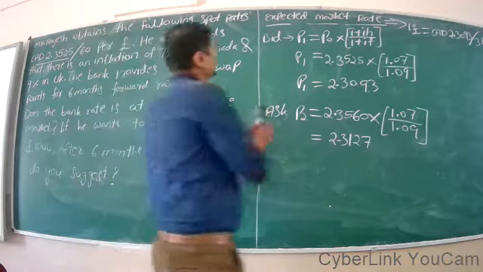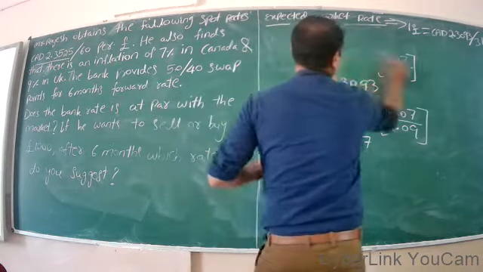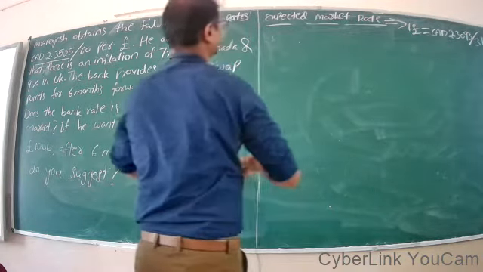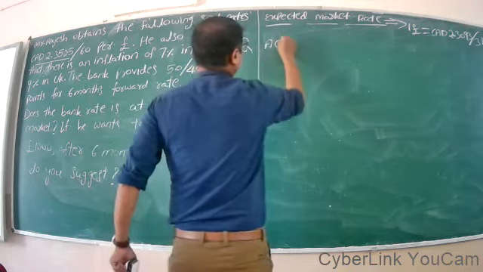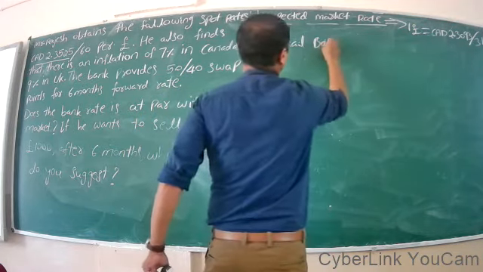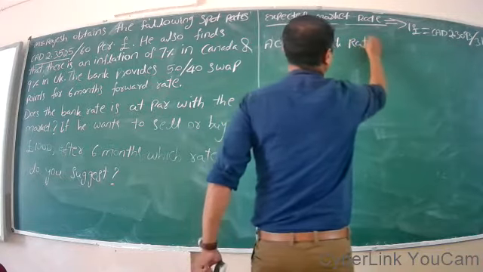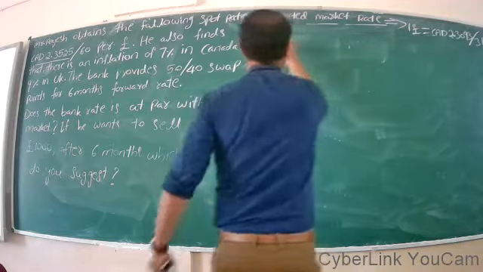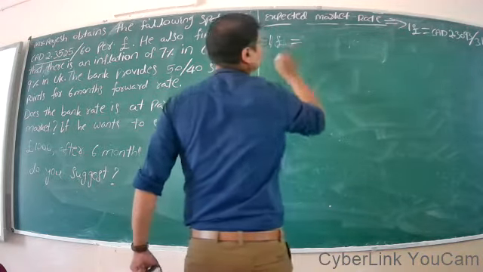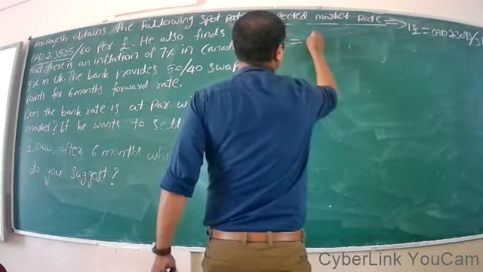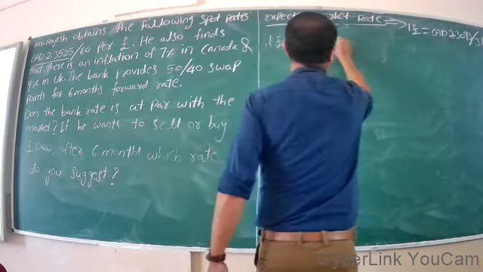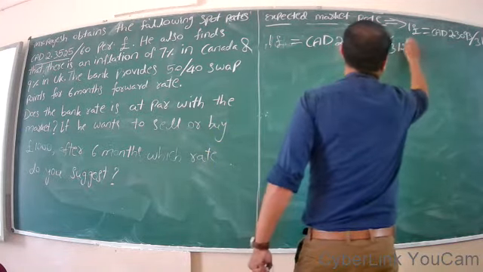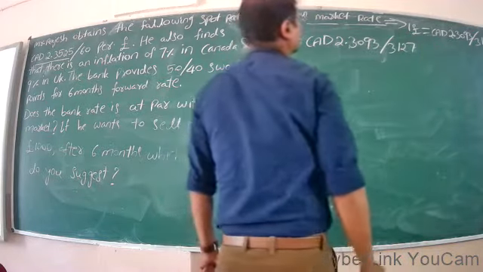Now what about the actual bank rate? If you can't see there, I am rewriting: the expected market rate is 1 sterling pound equal to Canadian dollar 2.3093 and 2.3127 is the ask price.